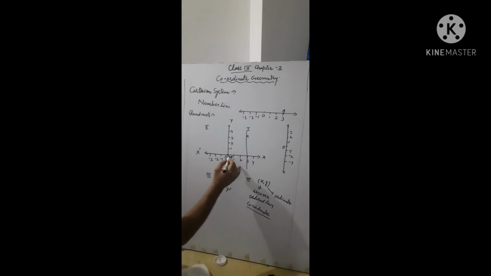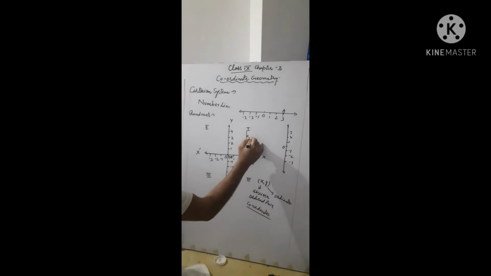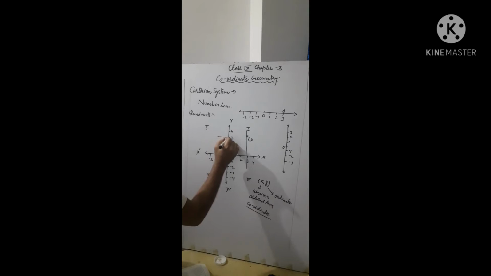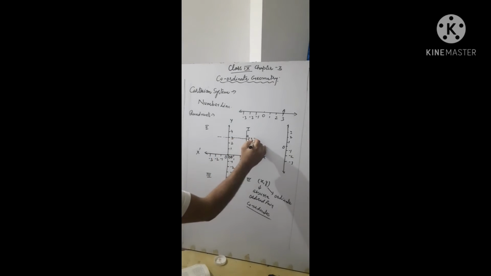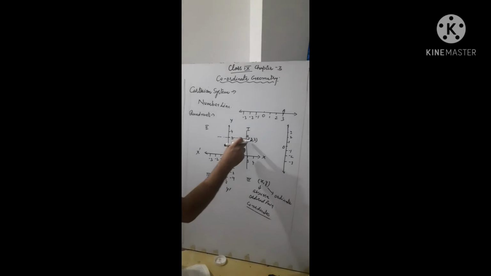The distance of this perpendicular from the origin, 1, 2, 3, is called the abscissa, means 3. Again we draw a perpendicular on the y-axis from this point. The distance of this point from the origin, that is 3, is called the ordinate. So the coordinates of point A are 3, 3.